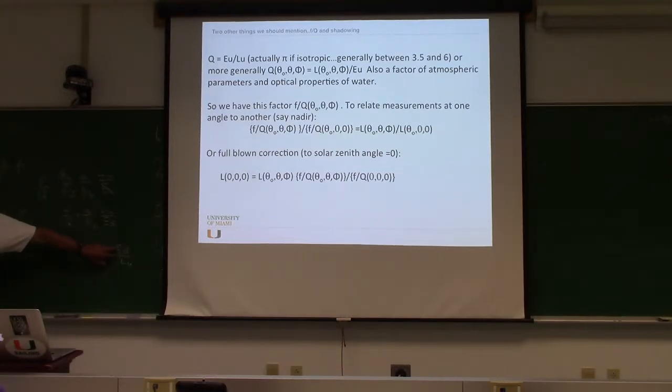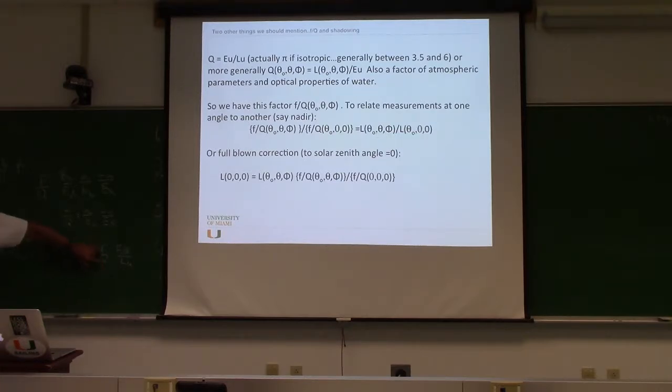And what's ED over LU? Sort of the inverse of something I've been talking about. It's the inverse of the remote sensing reflectance. So F over Q times this, divided by the remote sensing reflectance, would give you A over BB, which is supposedly an inherent optical property.